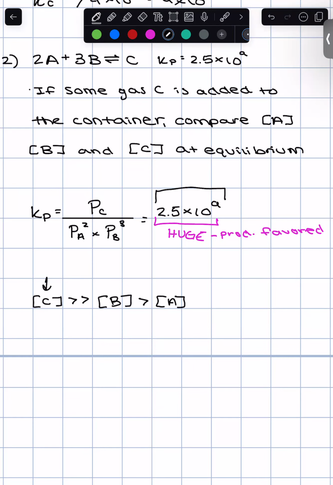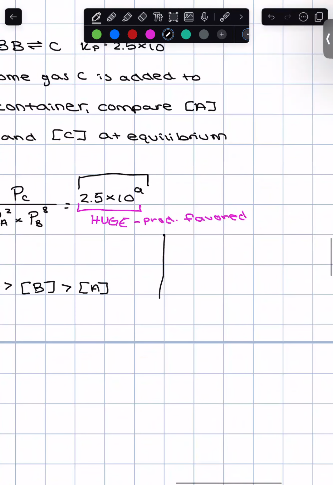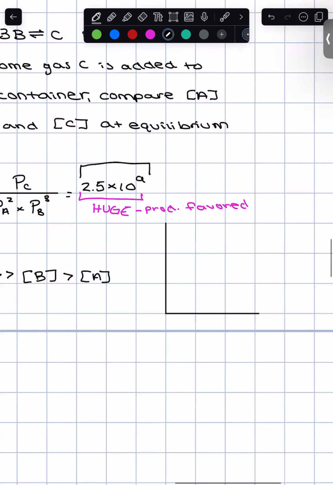So just some more of a conceptual idea for you. If I were to draw a reaction mechanism for this, it would look kind of like what we drew on the other page, where, no wait, other way around.